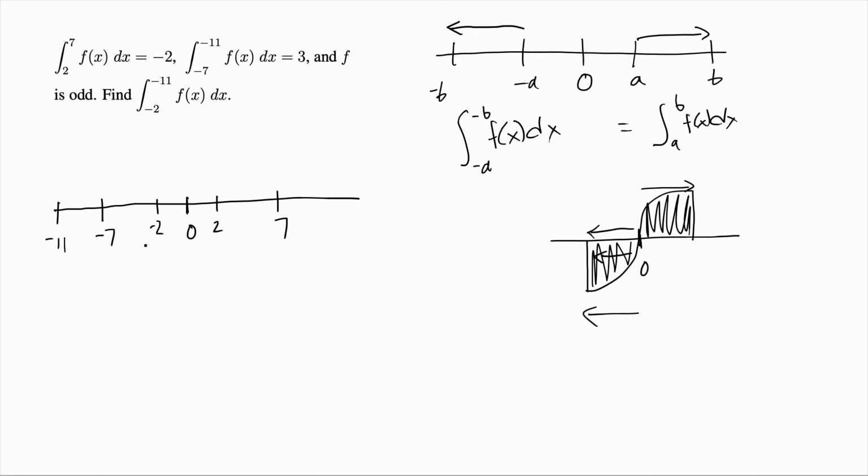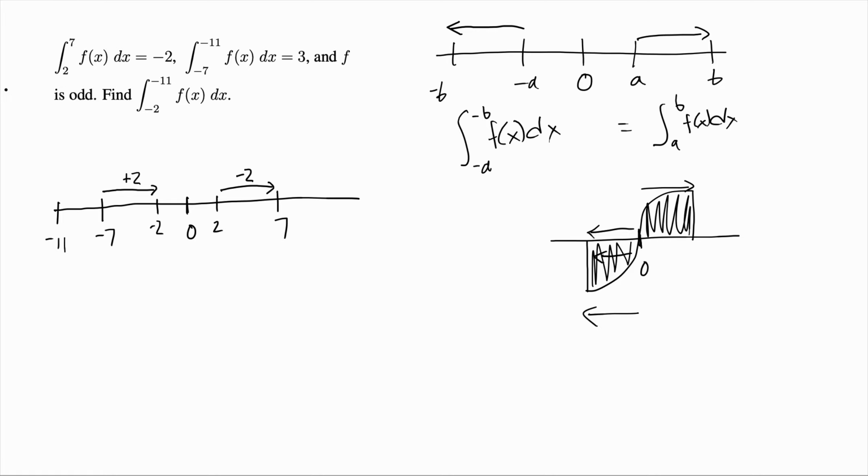All right, we're given that the integral from 2 to 7 right here is -2, going in this direction. So what does that mean about from -7 to -2? That would be +2, just like we were describing if we're going in this direction.